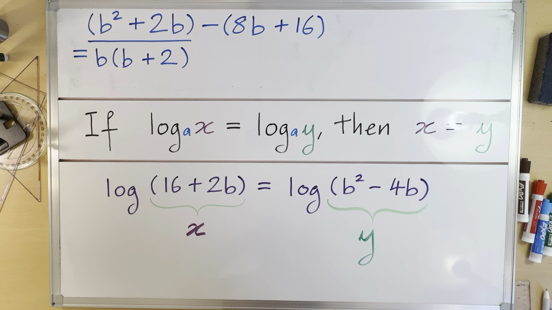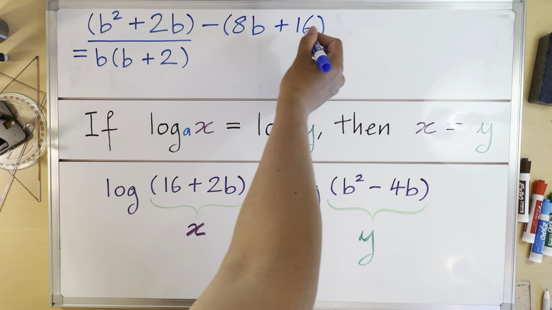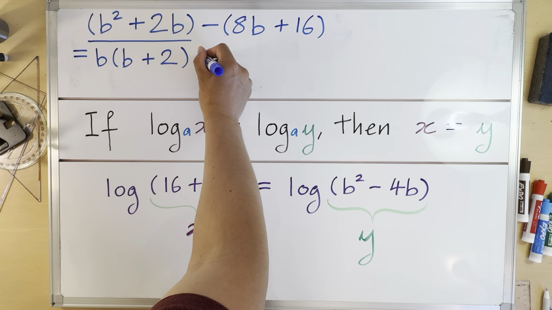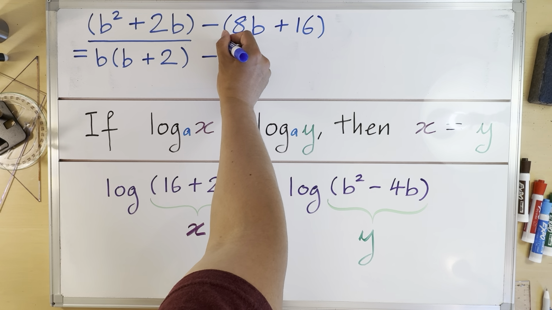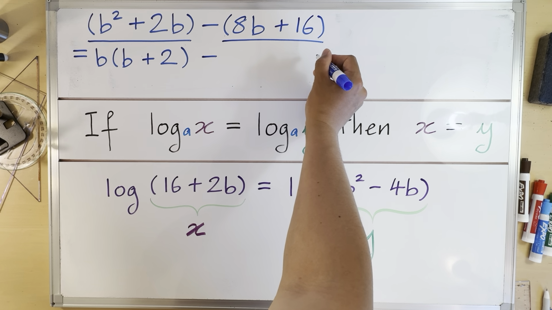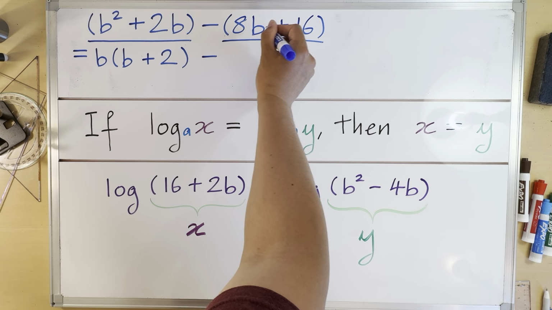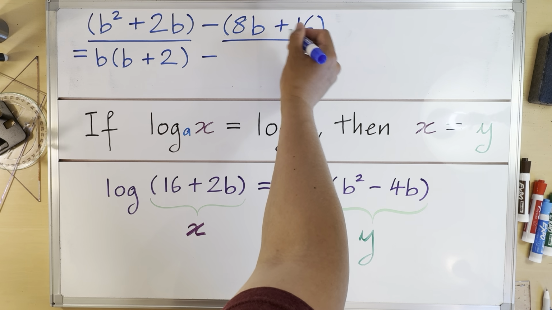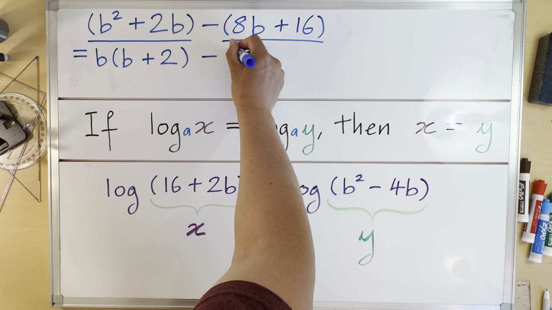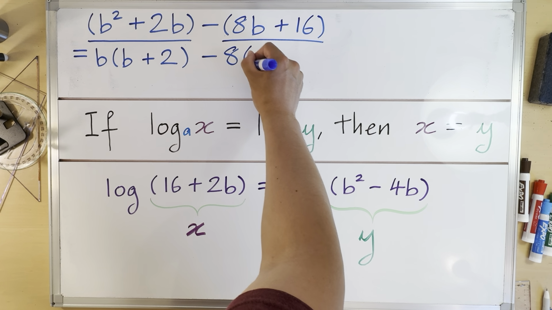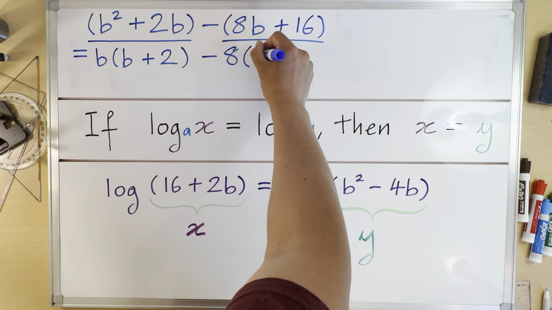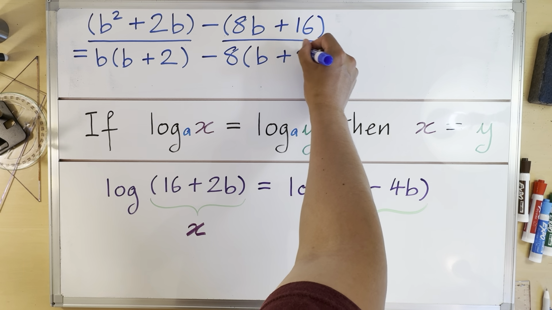Now, this part right here, the common factor between 8b and 16 would be 8. So we're going to factor out the 8. So this becomes 8 times b plus 2.